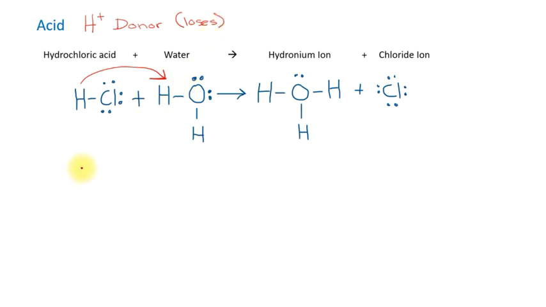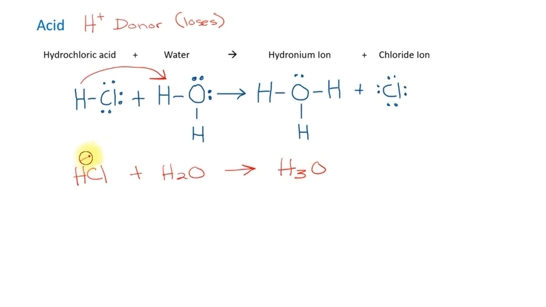Okay, let's write this chemical equation again. So hydrochloric acid plus water, H2O, has a reaction, and the product is hydronium, which is H3O, and that makes perfect sense, right?